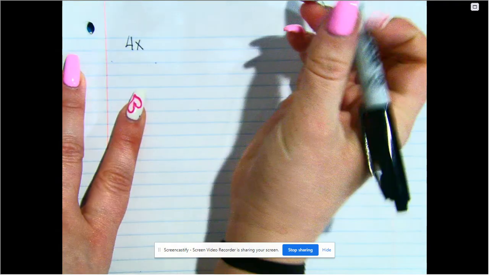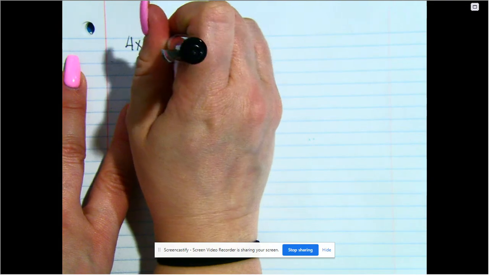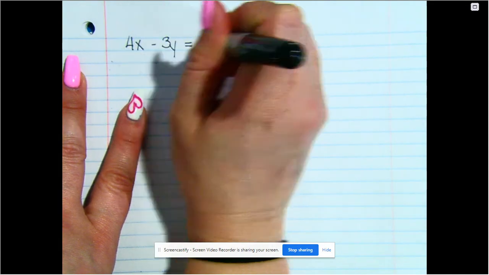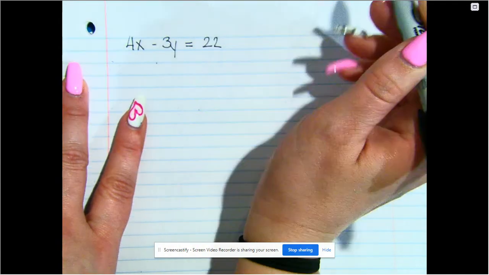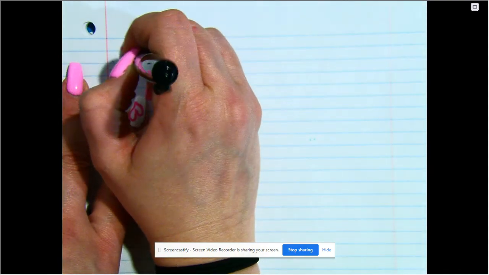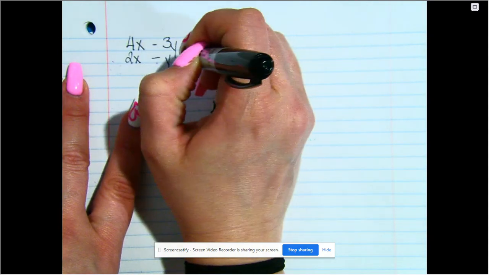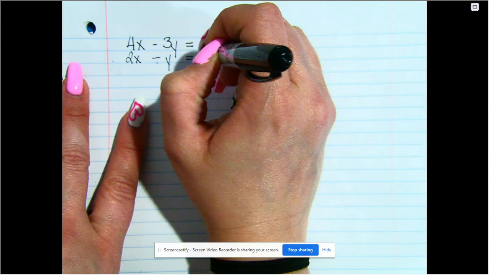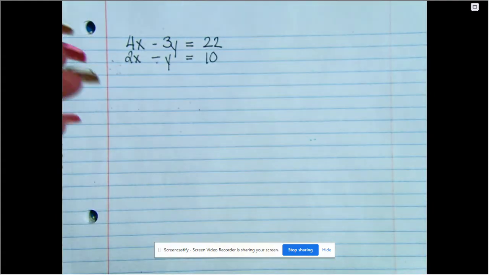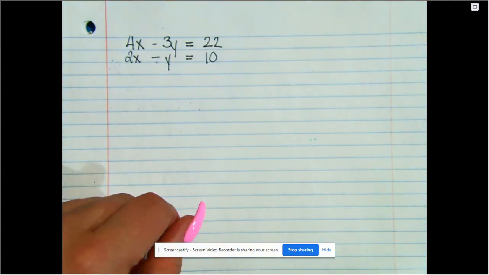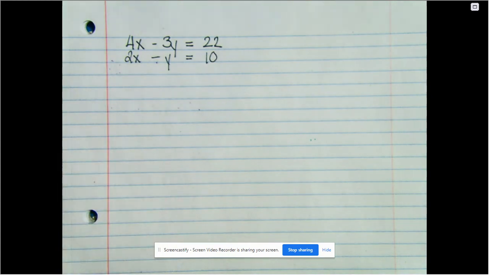4x minus 3y is equal to 22. And then 2x minus y is equal to 10. Okay, so again, I can multiply, and this one again is just all going to depend on what the problem looks like.